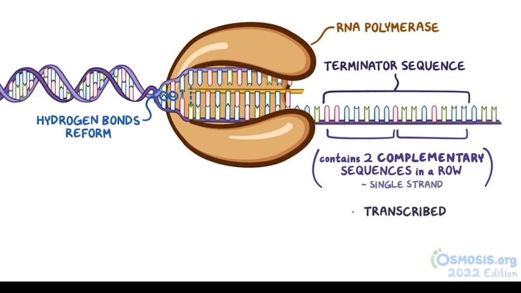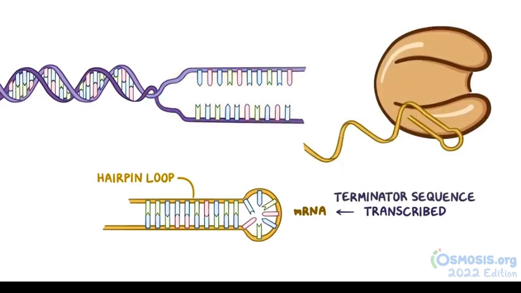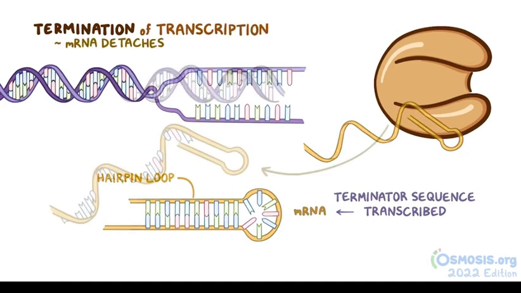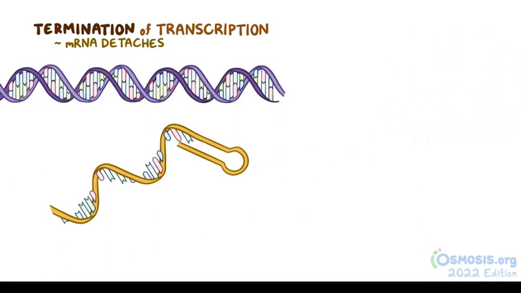When they get transcribed into the mRNA, the newly formed sequences bond with each other, creating a hairpin loop. And that makes the RNA polymerase detach from the DNA strand by simply yanking it off. That causes termination of transcription. mRNA detaches from the enzyme, DNA closes back up, and RNA polymerase goes off to transcribe another gene.